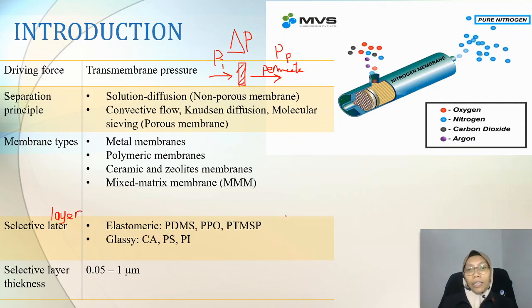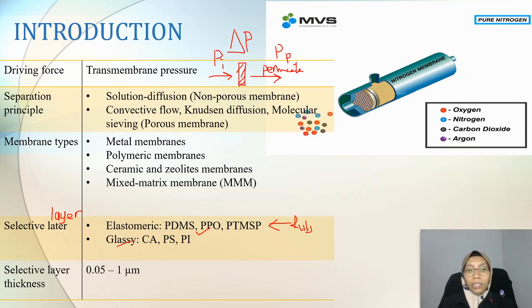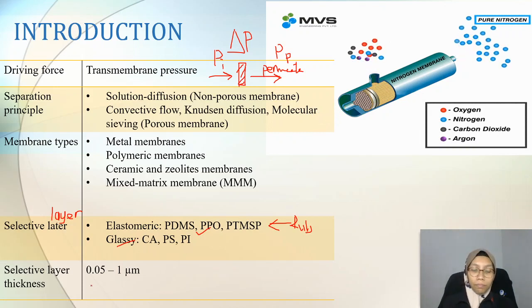There are a few types of layer that are widely used in industry, which we call PDMS, PPO, and PTMSP. These are basically rubbery polymers. Secondly, we can also use glassy polymers, for example polysulfone.